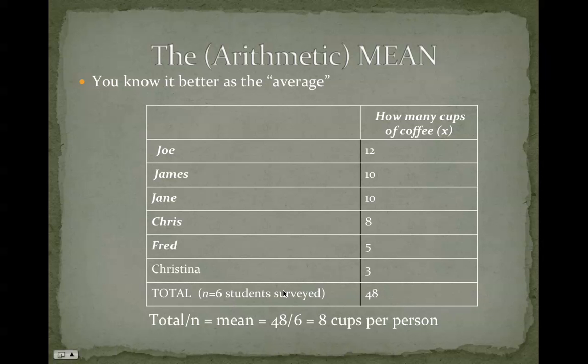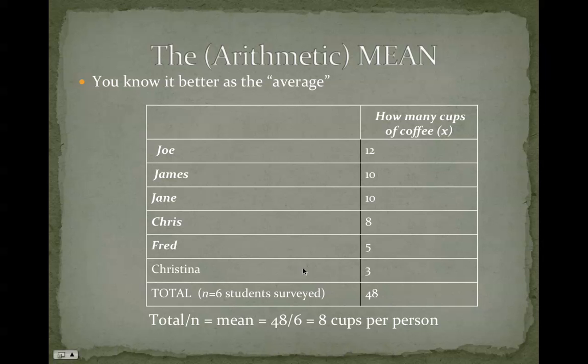Now, most of you would probably be able to figure out that the average number of cups of coffee is simply the total number of cups of coffee drank, divided by the total number of people interviewed. And that would be 48 divided by 6. And this is just like how we do it for, say, trying to calculate your gas mileage. If I had 1 tank of gas, this is the second tank of gas, this is the third, all the way up to 6.